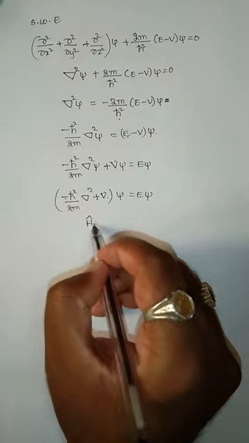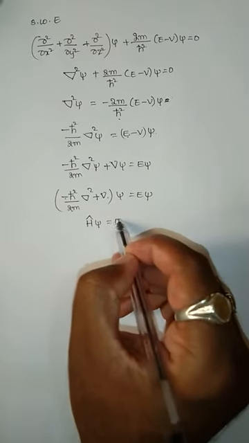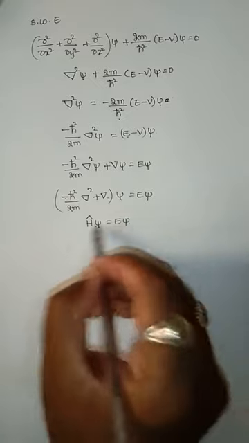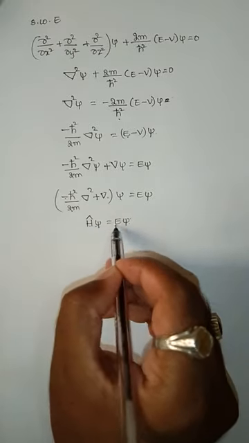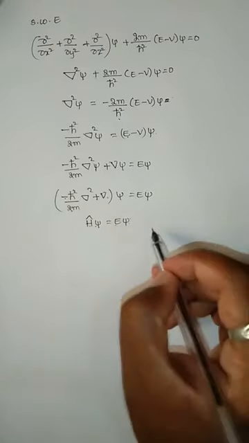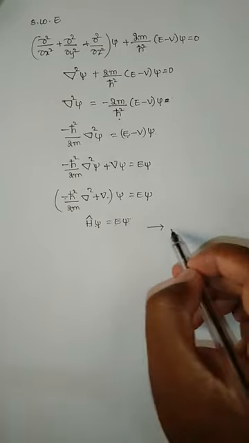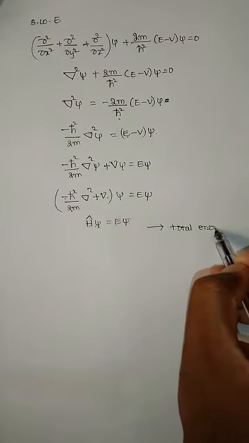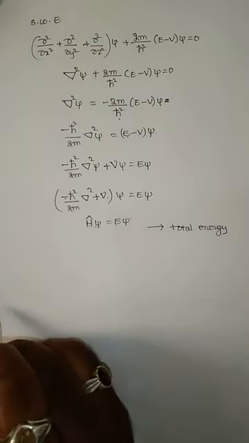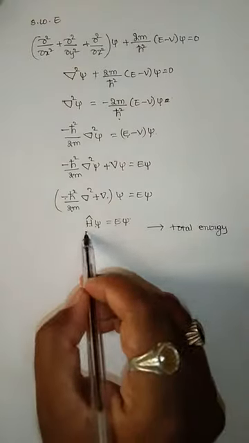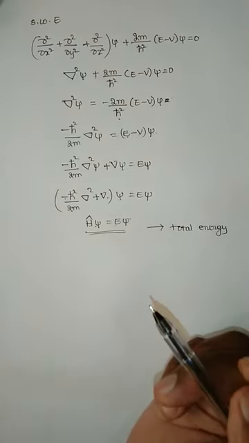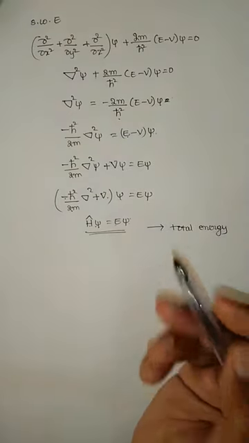That is Ĥψ = Eψ. If you cancel out the ψ, Ĥ will be equal to E. That's what I said in the very beginning. The Ĥ will give information about the total energy of the system. And this is the simplified mathematical expression for the Schrödinger wave equation.